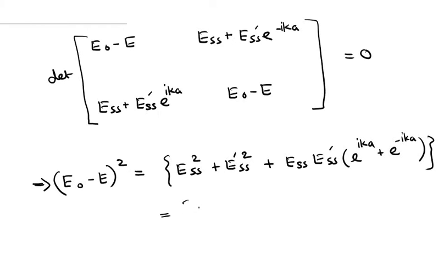So this is equal to ESS square plus ESS dash square plus 2 ESS ESS dash cos k a.